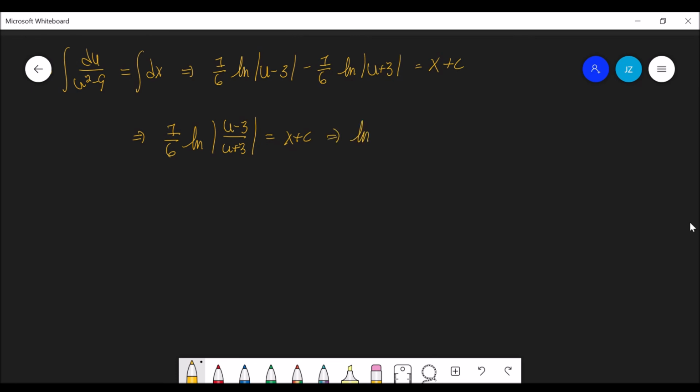Which means that this natural log is equal to 6x plus 6 times a constant is still a constant. And so we have u minus 3 over u plus 3 is equal to e to the 6x plus a constant, which is just a constant times e to the 6x.